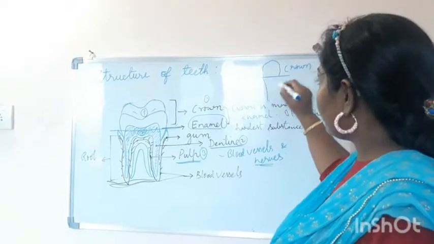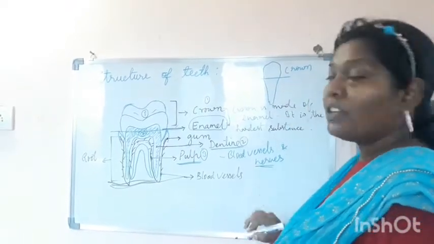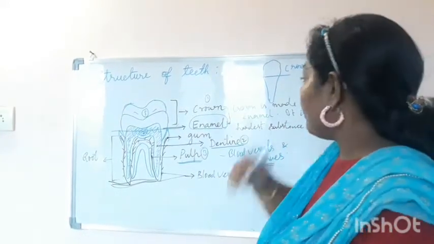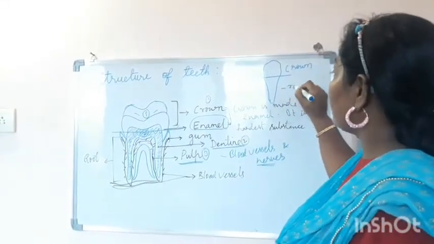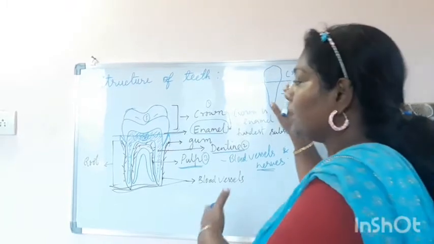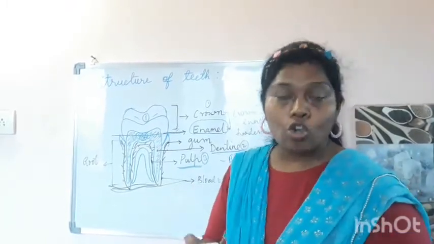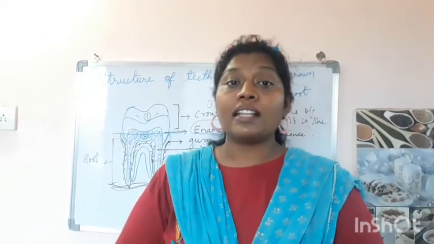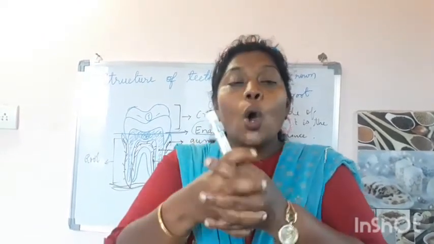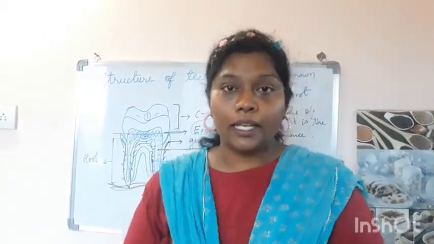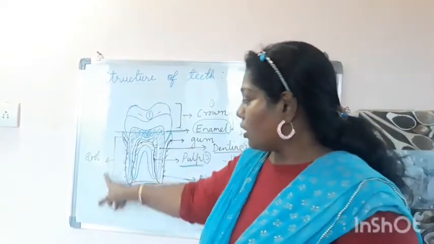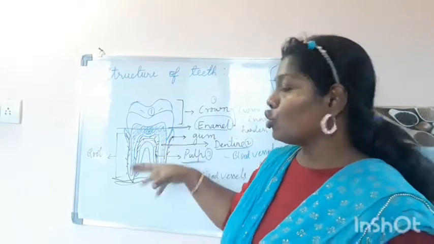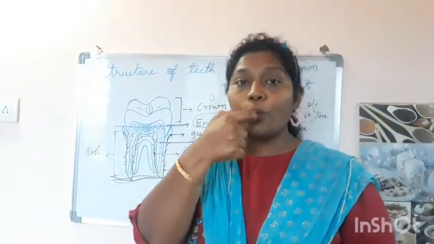Under this we also have a structure which is kept deep inside. This is called the root. These are just like the roots of plants, which help in holding the plant firmly. Here also the root of the tooth helps hold it in place.